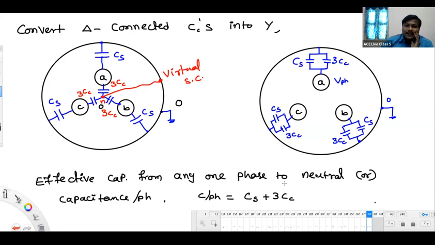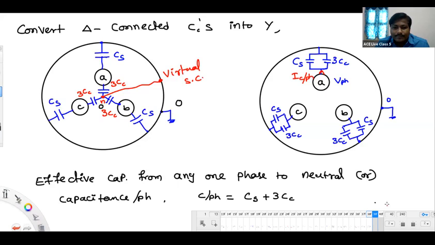I think all of you are getting it. Now, what is the charging current per phase? The charging current per phase is nothing but V phase by XC per phase. Simple formula, same as the overhead line.